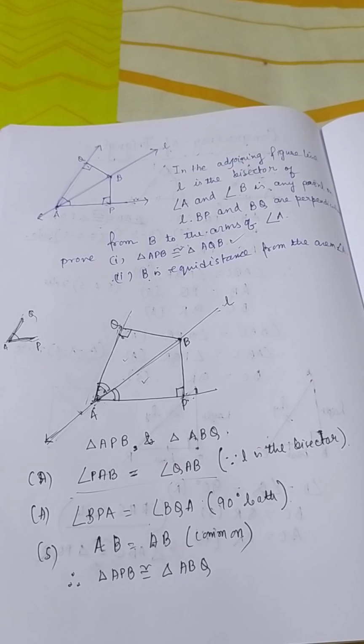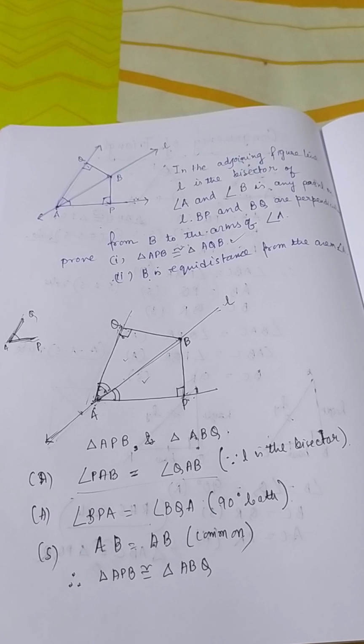Now, as we know, congruent parts of congruent triangles are equal. That means if two triangles are congruent, the different parts, like angles and sides, of those two triangles will also be equal or congruent.